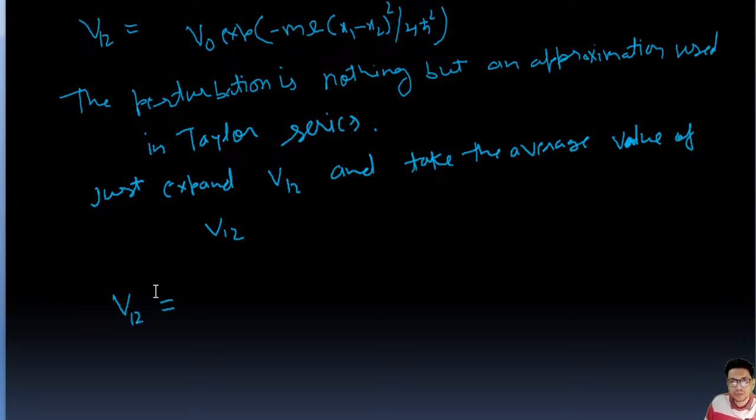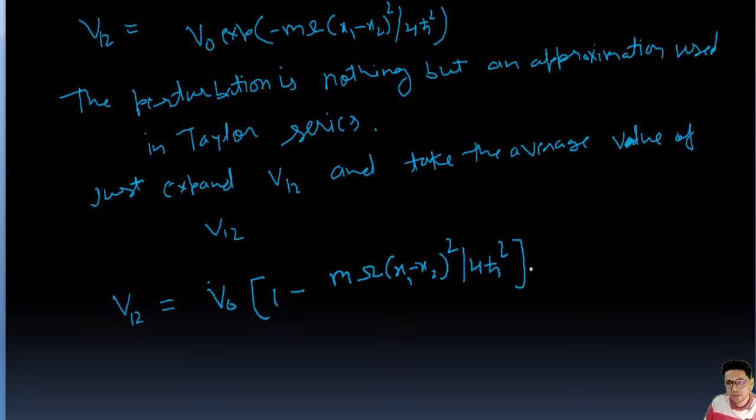So V12 is already given. Here we'll take the average. First we'll write it as it is, this one, V12, and this we are going to open. This is going to be e to the power of 1 minus mω (x1 minus x2) whole square upon 4ħ squared, and so on, because we know e to the power x is 1 plus x plus x squared upon 2 factorial and so on.